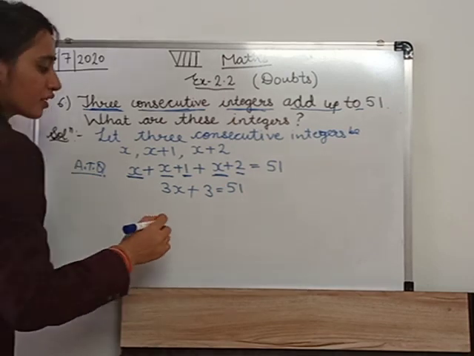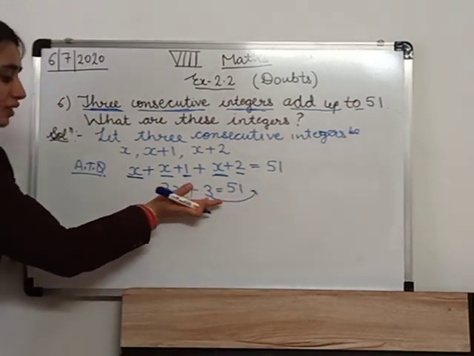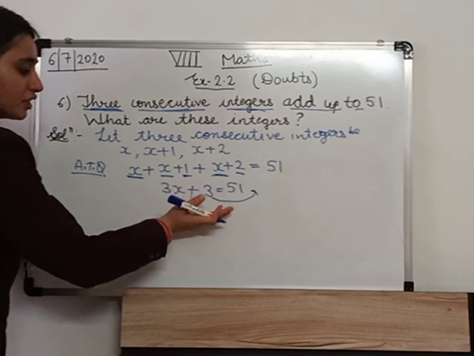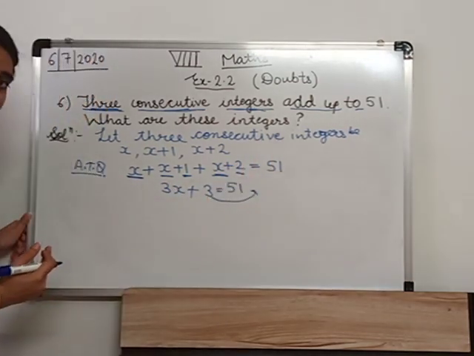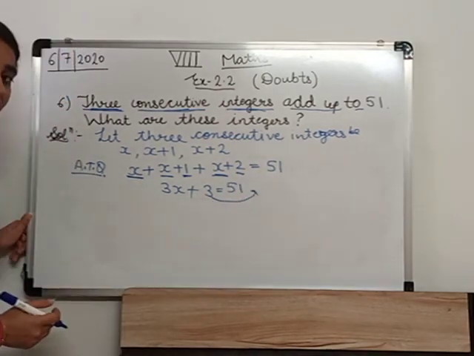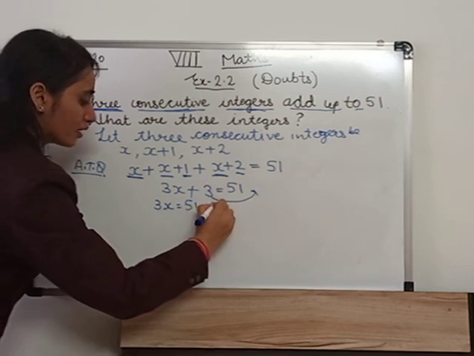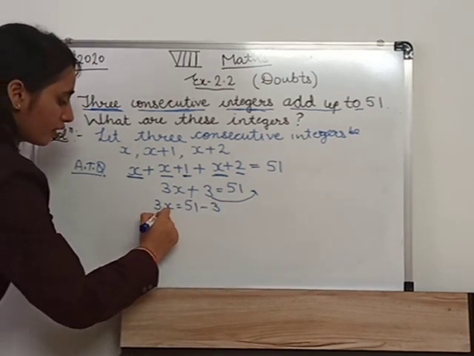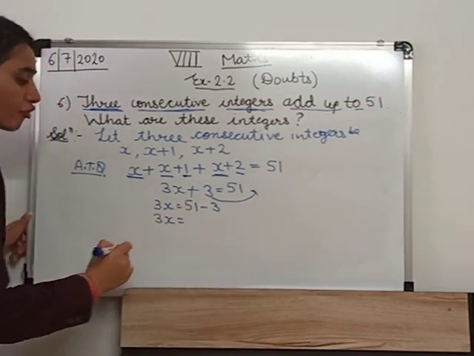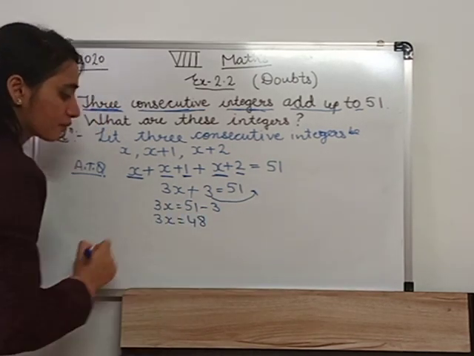Now using the transposing rule, this plus 3 present on the left side, when we move it to the right side, becomes negative. So 3x is equal to 51 minus 3, which is 48.